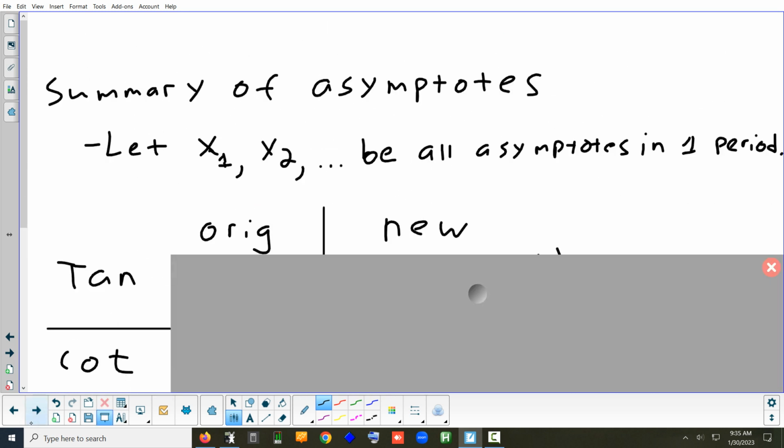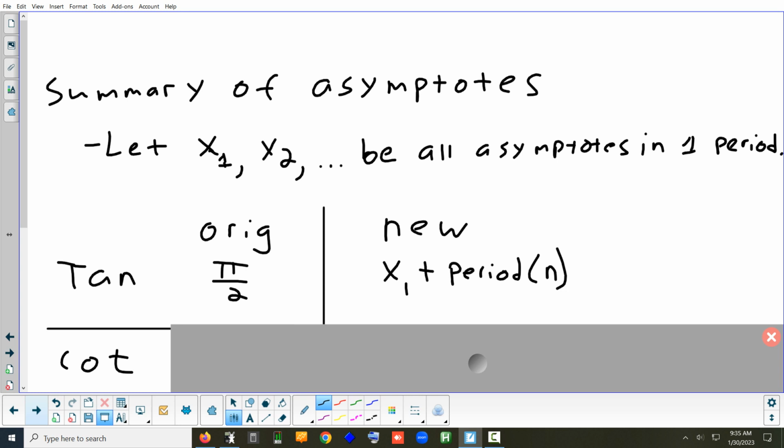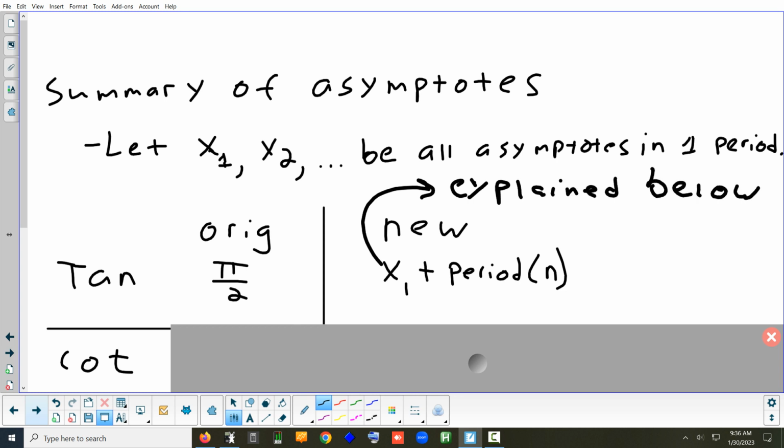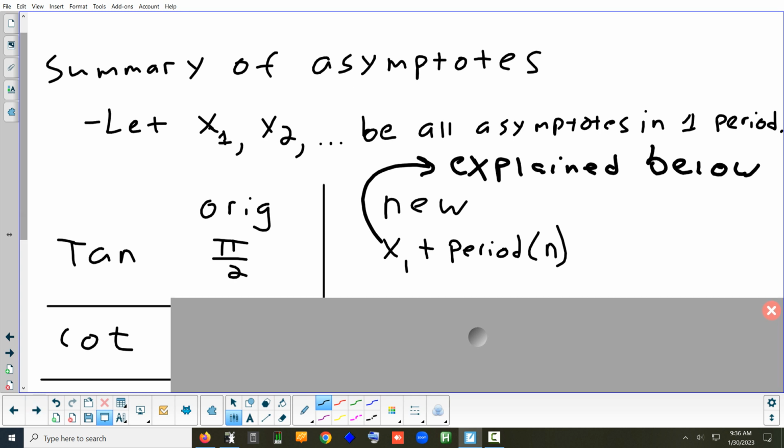Okay. That's all you need to know to figure out where the new asymptotes of tangent are going to be. That is going to be explained right below this table. That's what's going to be on this slide. But I wanted to put that with this. So to find the new asymptote, you take and use the old one.